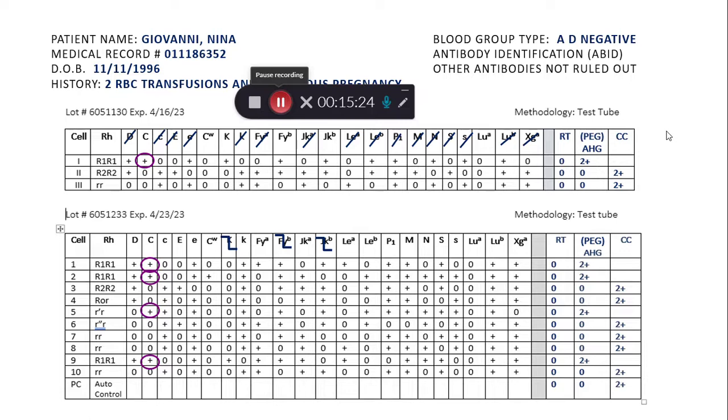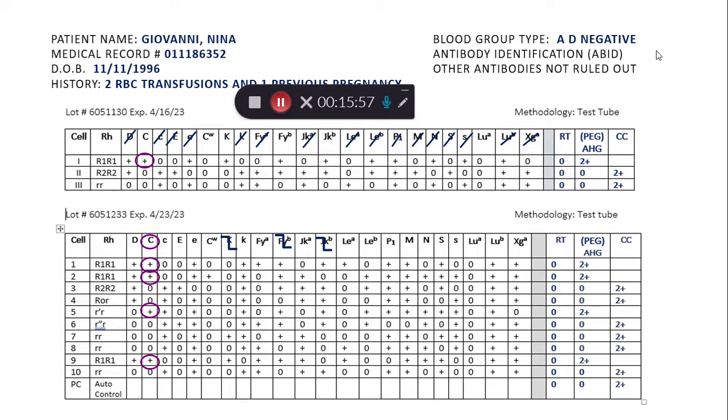We will see in our next course, MLS 421, that that's not always the case when you have multiple antibodies, when you have autoantibodies, or when there might be something else going on because of some medication or disease state that the patient is on or is experiencing. But for now, we have identified, and hopefully you've done that on your own, an anti-big C. So up here you would write anti-big C. Again, you need to have the prefix anti.